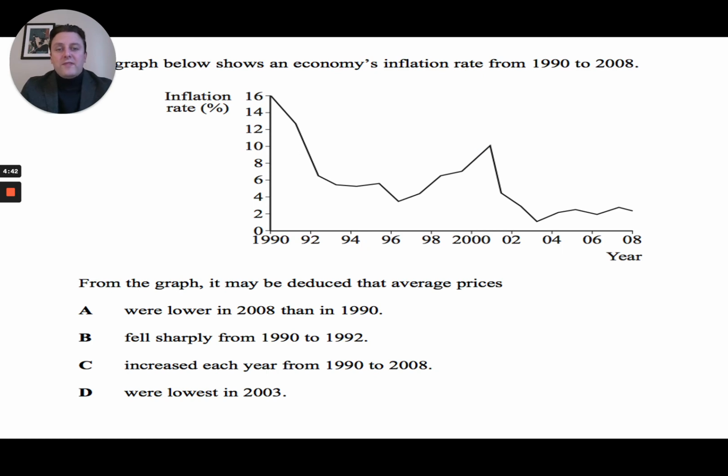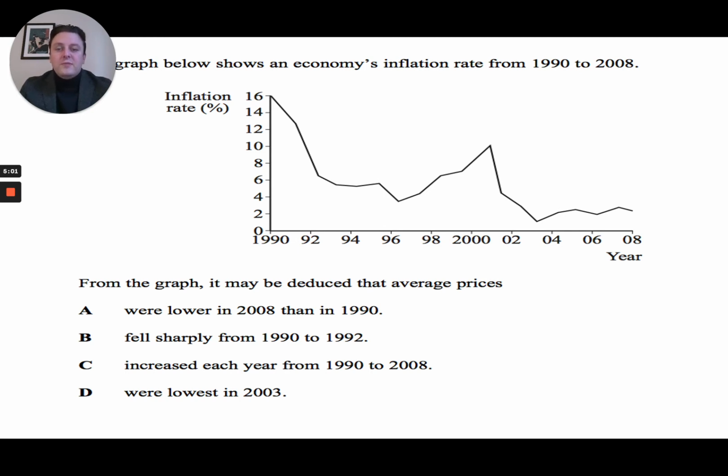Okay, here's the graph of the inflation rate between the years 1990 and 2008. So from the graph here, in 1990, the inflation rate is 16%. In 2008, it's around 2%.